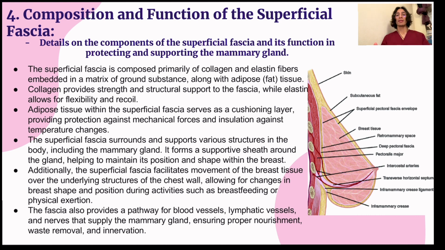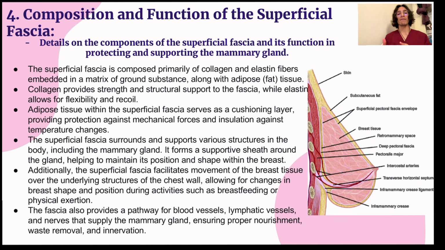The superficial fascia surrounds and supports various structures in the body, including the mammary gland. It forms a supportive sheath around the gland, helping to maintain its position and shape within the breast.